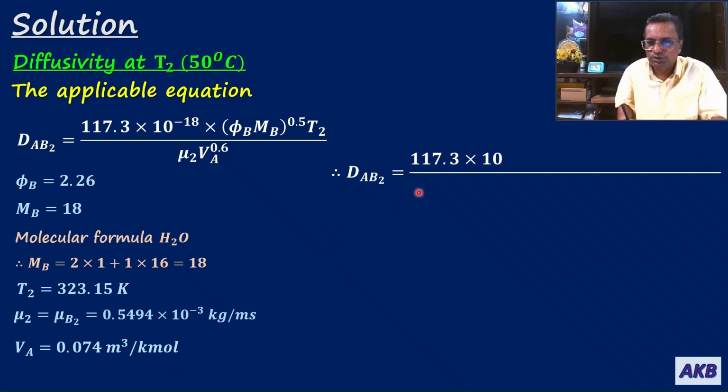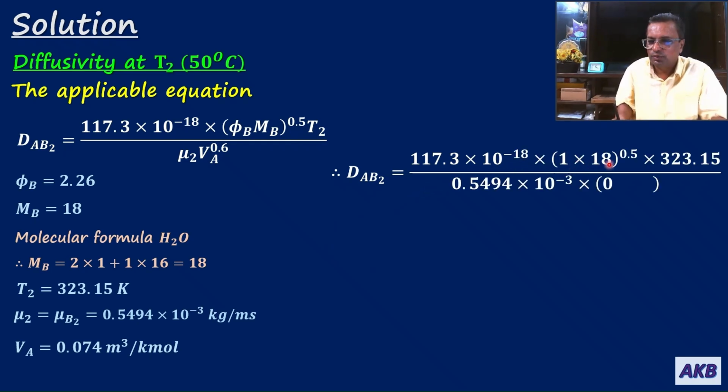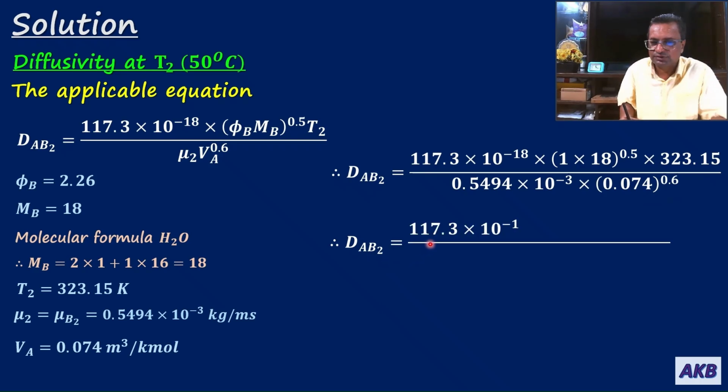And therefore DAB2 will be equal to 117.3 into 10 to the power minus 18 into 1 into 18 raised to 0.5 into 323.15, divided by 0.5494 into 10 to the power minus 3 into 0.074 raised to 0.6. That is DAB2 is 117.3 into 10 to the power minus 18 into 6.38 into 323.15, divided by the product in the denominator, which is 1.15 into 10 to the power minus 4.